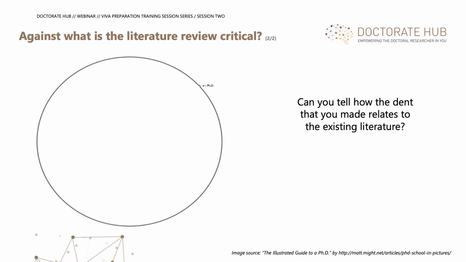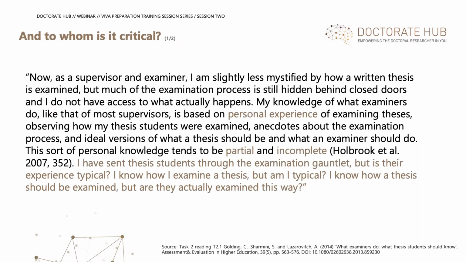This is the first thing that you need to be capable of: to place your work within the wider context of the literature. Now, it says PhD, but that is equally valid for a DBA, because even if it's practical knowledge that you will have created, it's not against nothing. It is against what is already known from the literature, and how your knowledge relates to what is known.